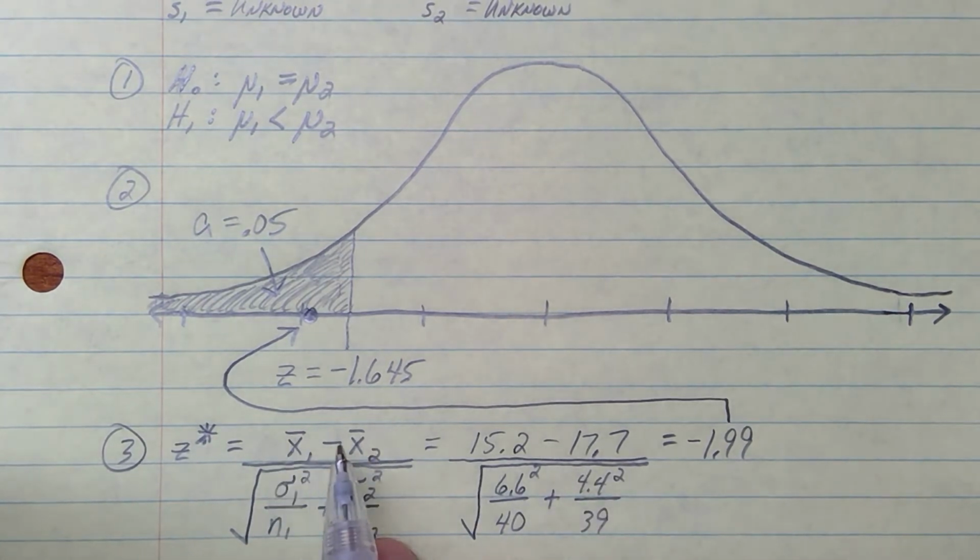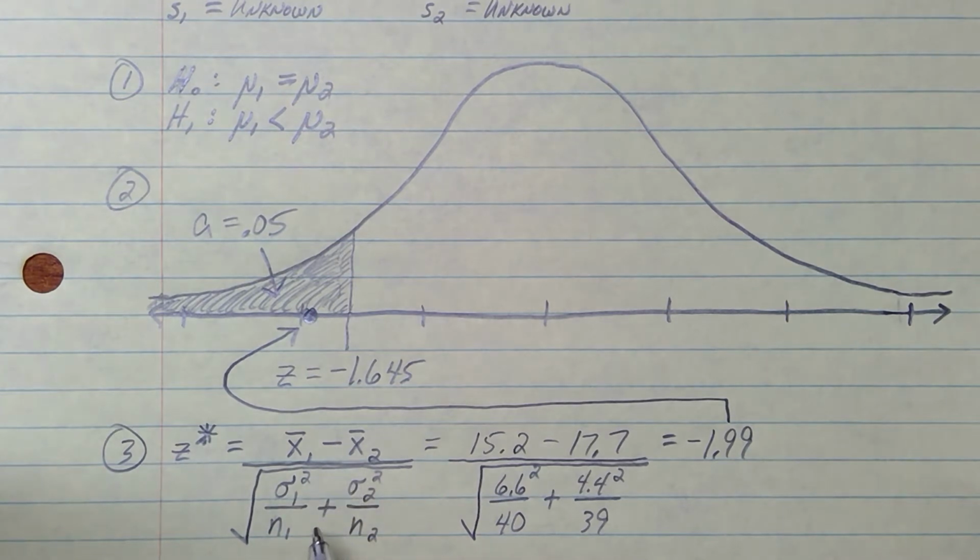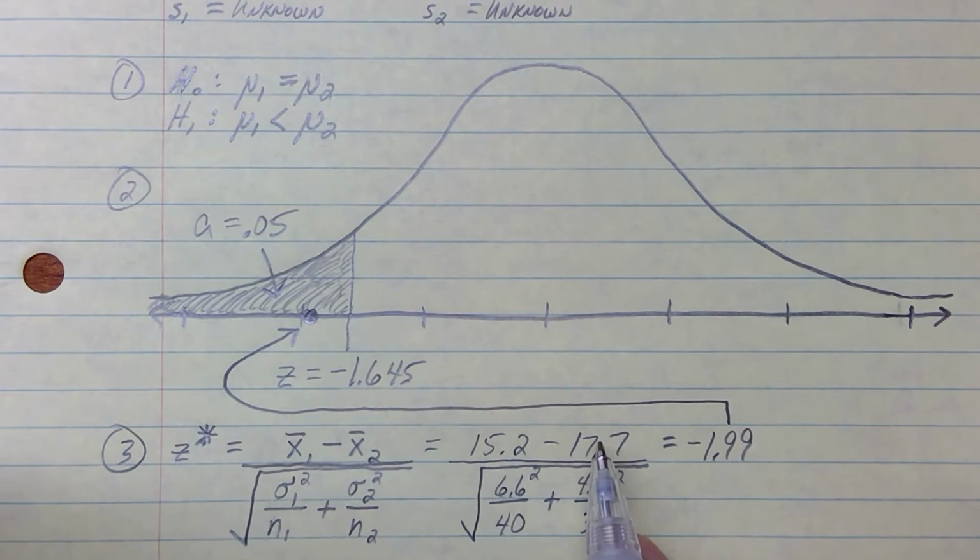It's just the difference between the populations. Difference means minus. And then you're dividing it by standard deviation. This is just a really messed up adjustment for standard deviation. It tells you how many steps left or right to go. So here's our difference divided by standard deviation. Tells me I need to take 1.99 steps to the left. So that's almost 2 steps to the left.